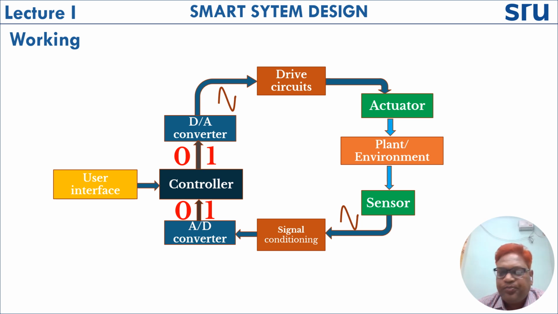Here the actuator is the compressor. The compressor may turn on or turn off based on the user input and the temperature available within the system. From this I conclude that the system automatically captures the user input as well as the environmental parameters, takes the decision and controls the environment. This type of system is called a smart system. In our daily life we are seeing so many smart systems.